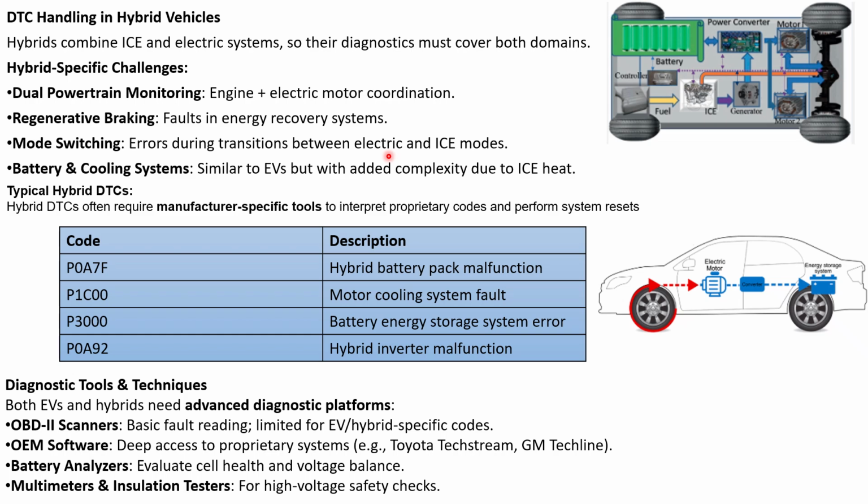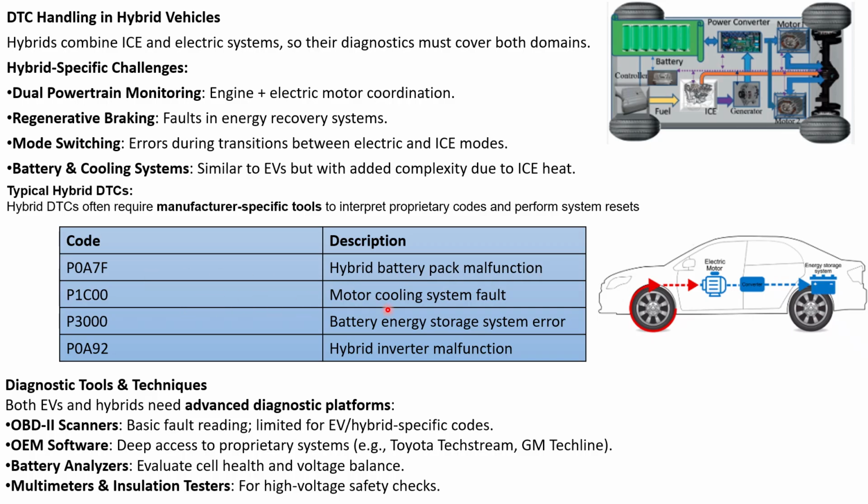And when it comes to battery and cooling systems, similar to EVs, but with added complexity due to ICE heat. Okay. Now, when it comes to typical hybrid DTCs, here is the list. P0A7F hybrid battery pack malfunction.